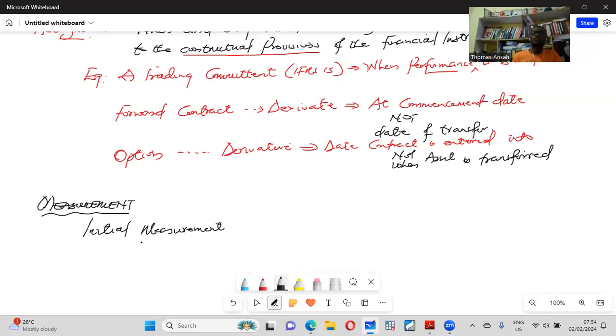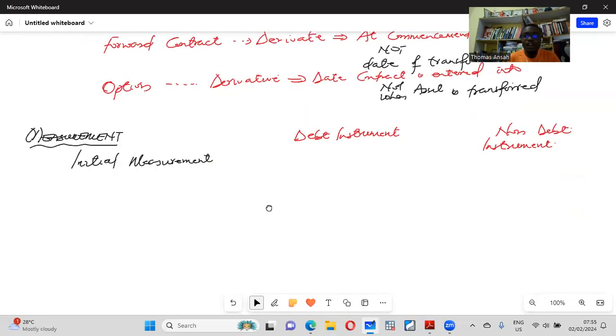Now here you have to be careful because the initial measurement of a financial asset is based on whether the financial asset is a debt instrument or a non-debt instrument. So you have to find out, is it a debt instrument or is it a non-debt instrument? Please find out.